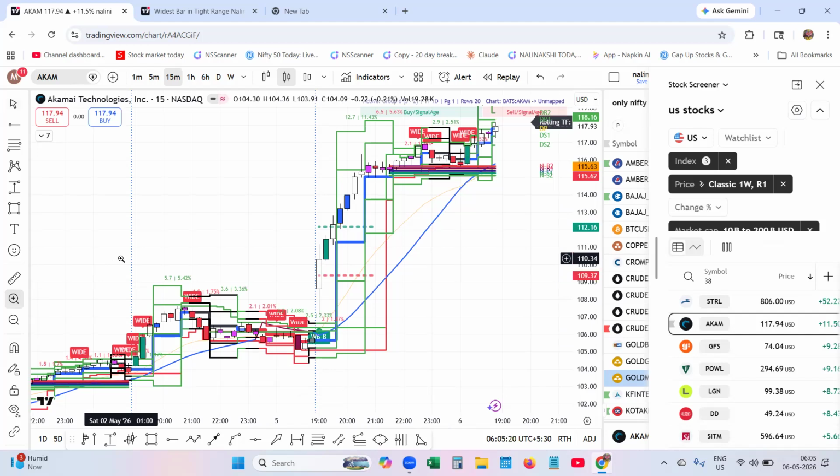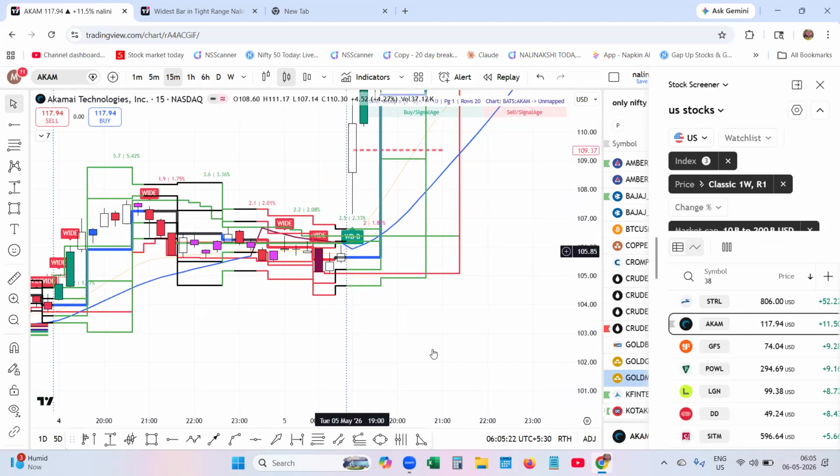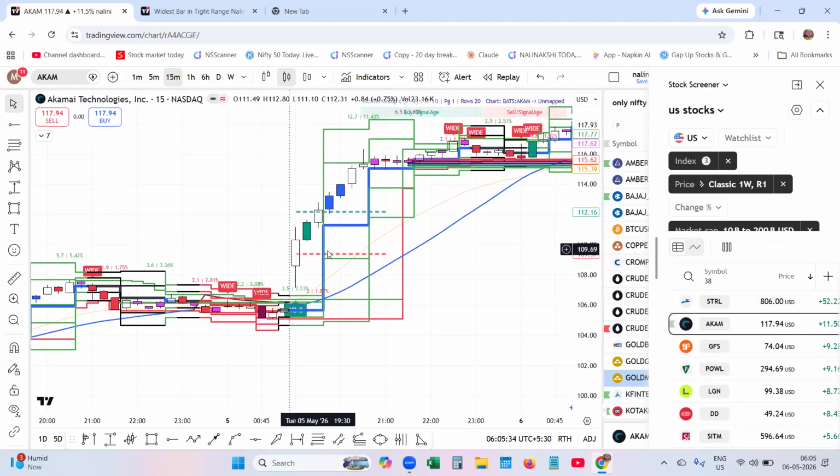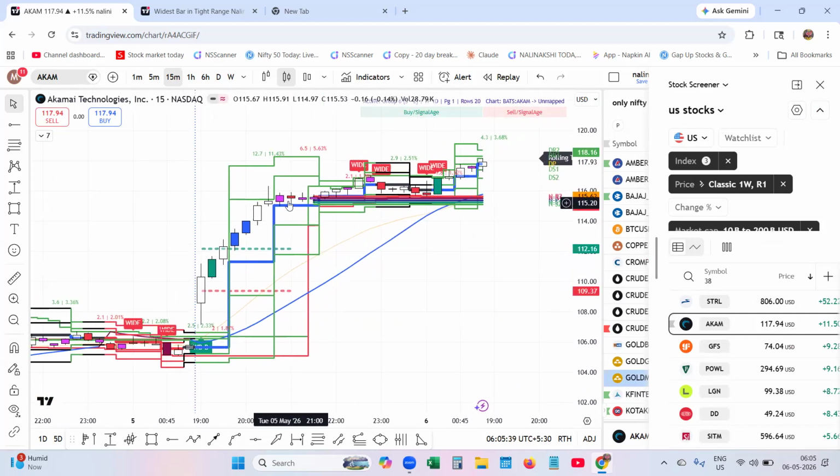This was the tight range. After the tight range, the widest bar buy has come. This is a buy, then automatically stop loss and targets were placed when the price started moving above the target. And with my Nalini Precision Engine, so beautifully it has run up and it has fallen into sideways.